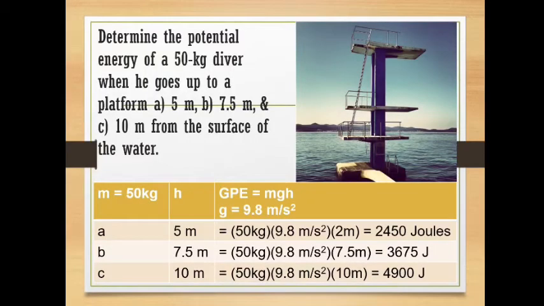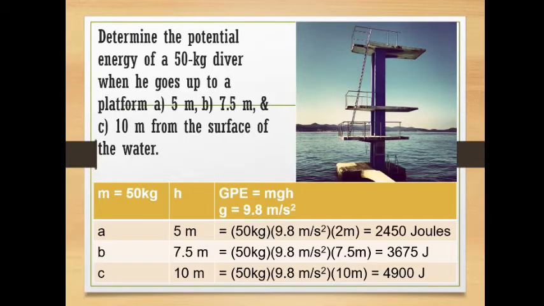While falling, the height of the diver from the surface of the water is decreasing, which decreases his potential energy. His potential energy is converted into another form of energy possessed by moving objects, which increases while he is falling with increasing velocity.